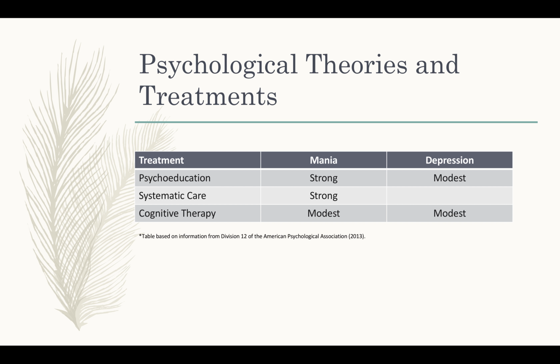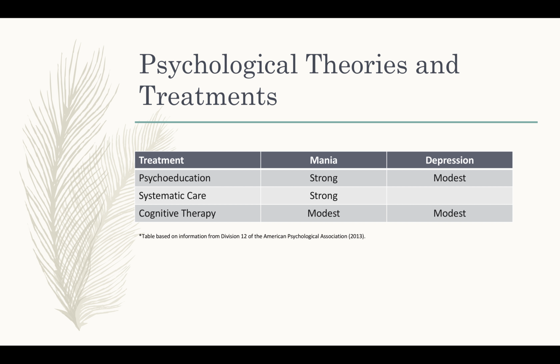So, psychological theories and treatments to help folks with bipolar. When we look at different psychological treatments beyond the biological, what therapeutic approaches can be used? For folks with bipolar, psychoeducation shows a strong connection and is an effective approach for mania.